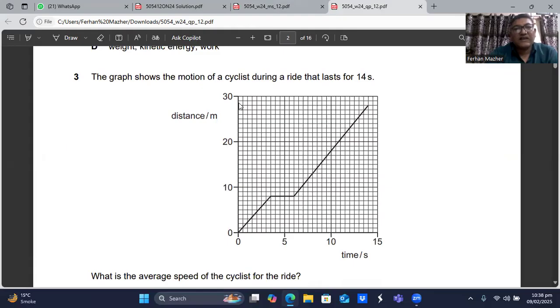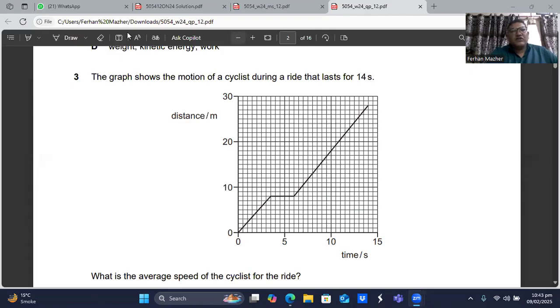Let's check how much is the total distance. The average speed is the total distance traveled divided by the total time taken. So let me show you.